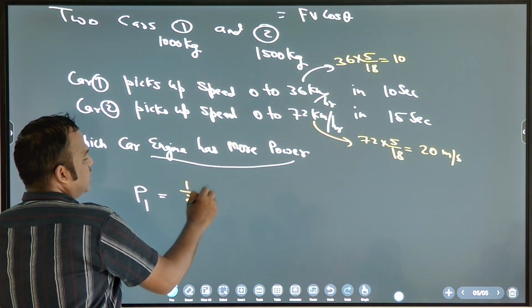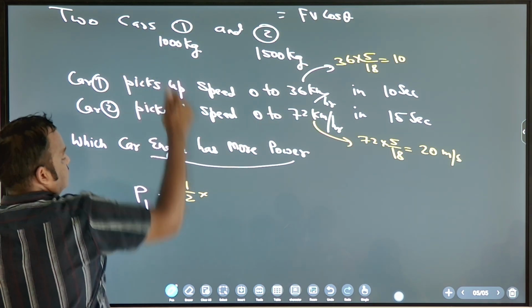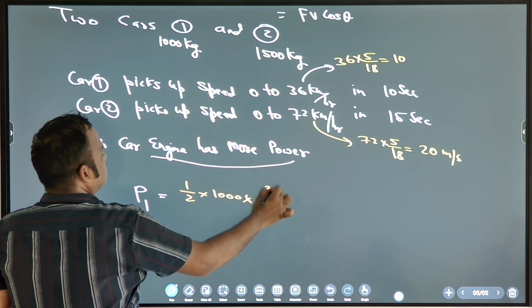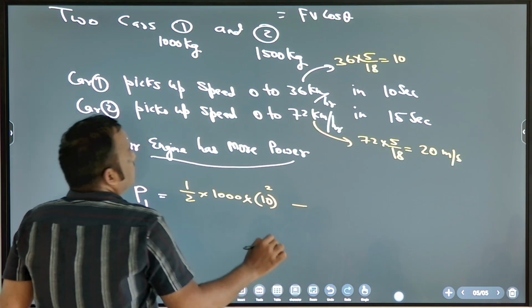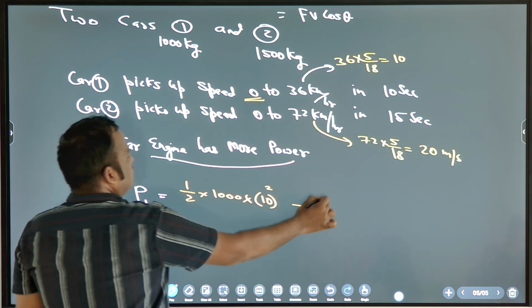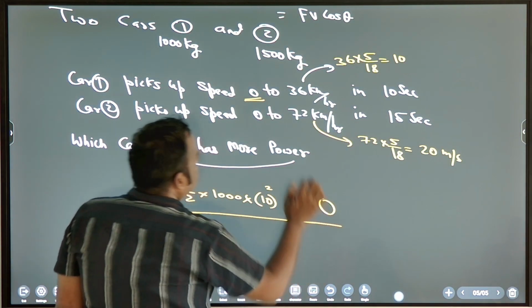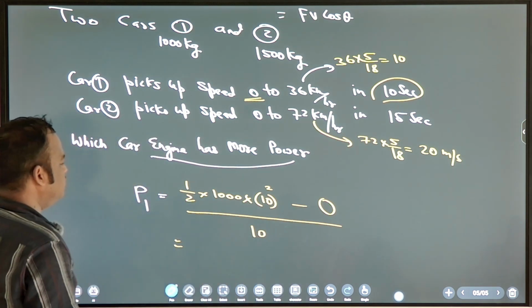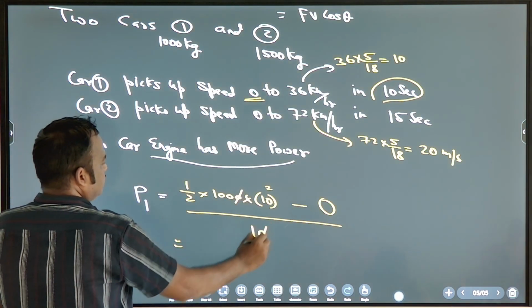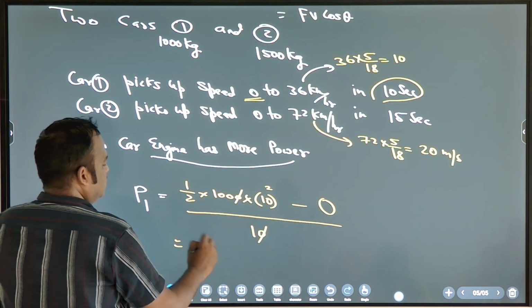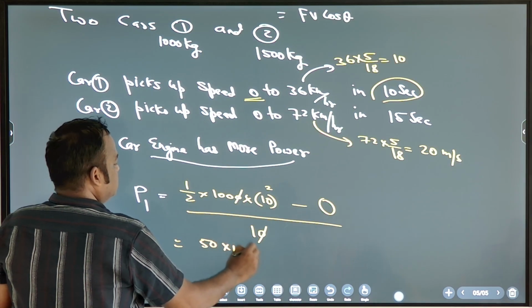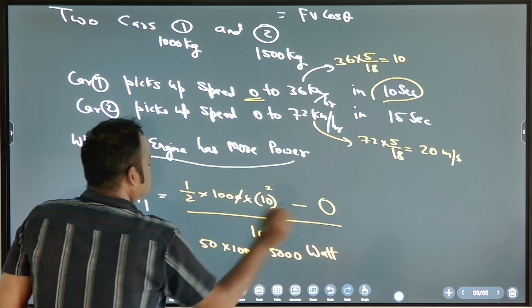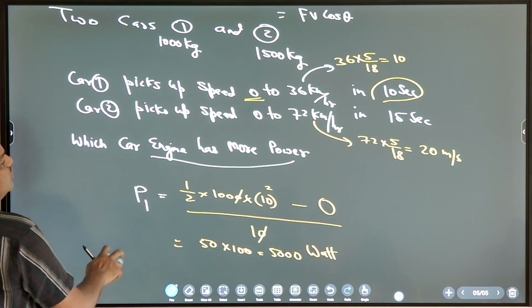Half m v square, with the final speed. Initial kinetic energy is 0, divided by 10 seconds. So 100 by 2, 50 into 100, so 5,000 watt.